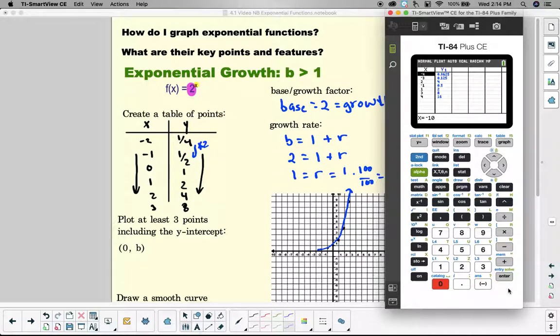So this is going to do 2 to the -10, and that gives me 9 times 10 to the -4th. If I do 2 to the -9, I enter the exponent in my x, and then the calculator does the work. 2 to the -9 is 0.02. 2 to the -8 is 0.04. 2 to the -7 is 0.008. 2 to the -6 is 0.015. 2 to the -5 is 0.03. 2 to the -4 is 0.0625.